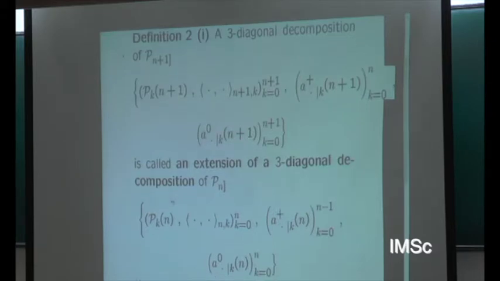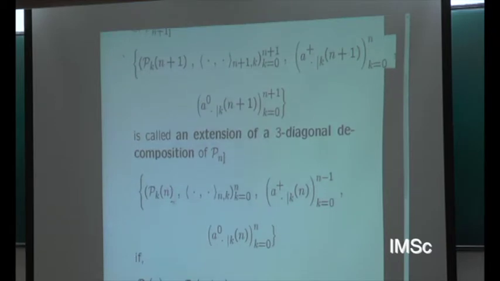As I mentioned before, the obvious definition is that in the extension, the only new thing is the space when k is equal to n plus 1, because all the spaces up to n are already in the previous definition. So the obvious definition is that the spaces coincide whenever k goes from 0 to n.